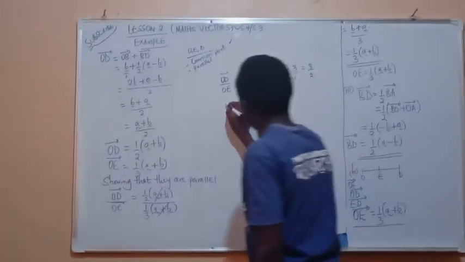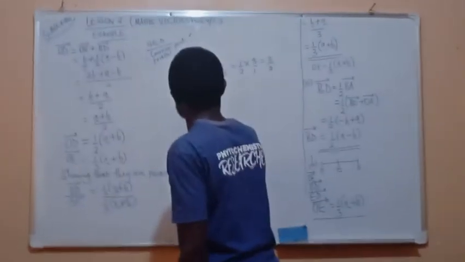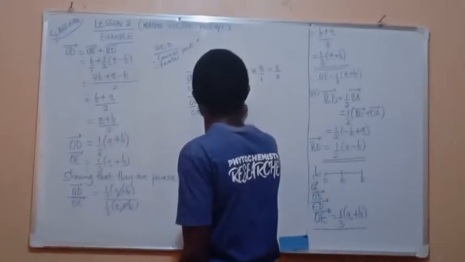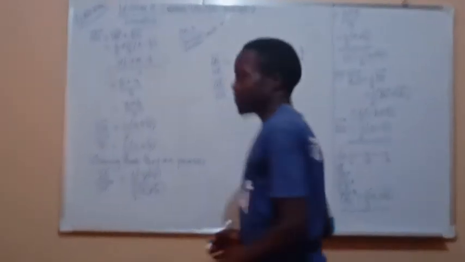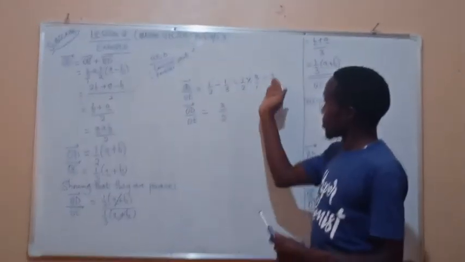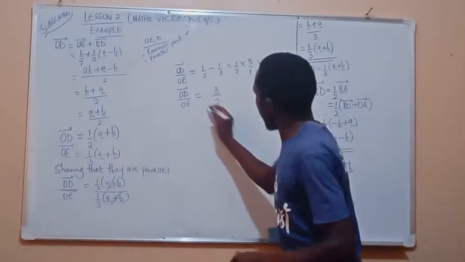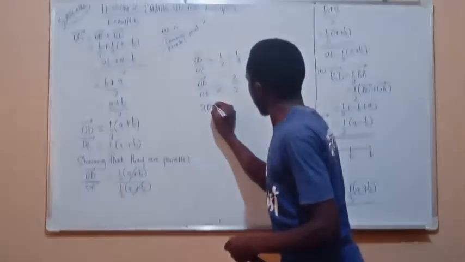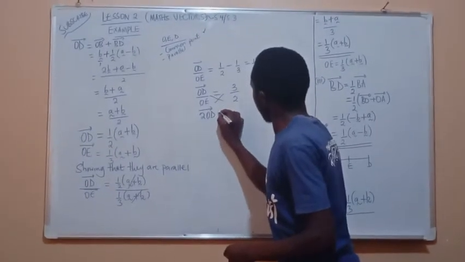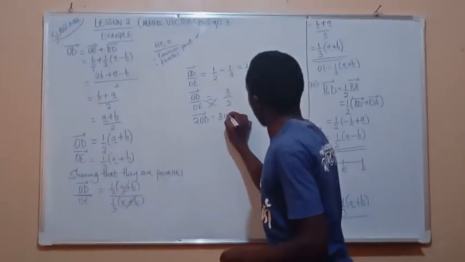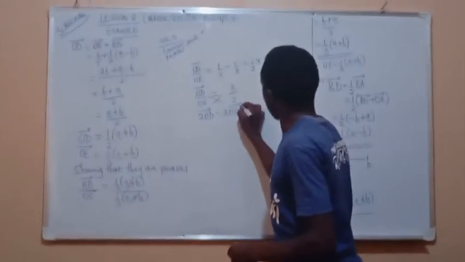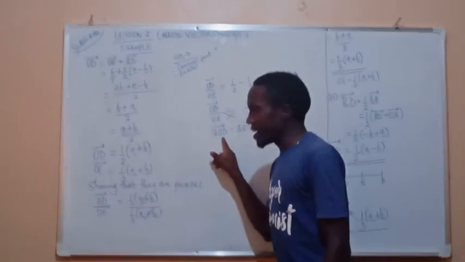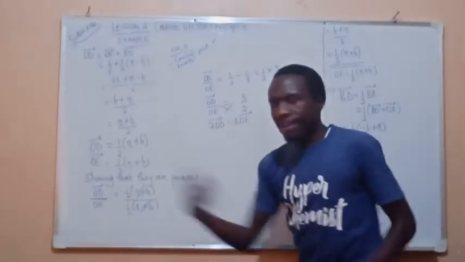Meaning that the ratio of OD to OE is the same as 3 out of 2. This is the simplest route that we can take. When you cross multiply this, you're going to get 2OD equals 3OE. But I told you that we need to express one vector as a ratio of the other.